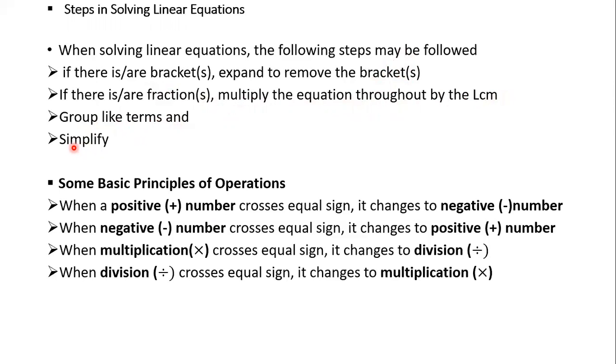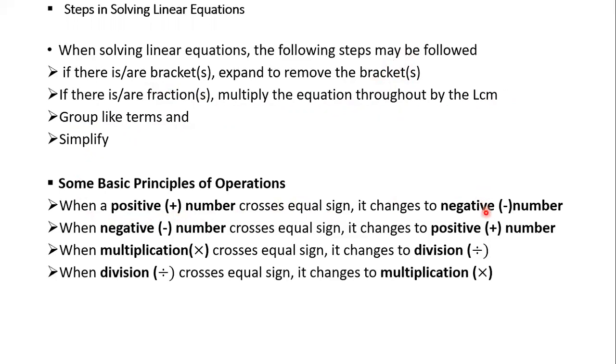Good. So before we move on, let's look also at some basic principles of operations. Now we know from KG or from the basic schools, we say when a positive number crosses the equal sign, it changes to become what? Negative. In the same manner, when a negative also crosses the equal sign, it becomes positive.